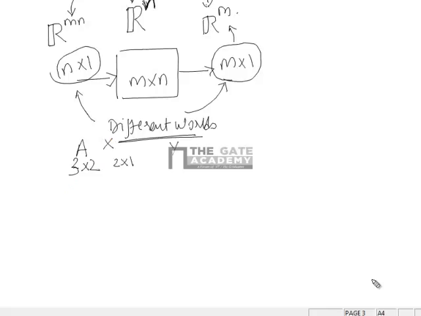My Y, how will be the Y? Y will be a 3 cross 1. All the 3 cross 1 vectors exist in the world of 3 dimension, correct? All 2 cross 1 vectors exist in the world of 2 dimension, correct? So, this world is different from this world, correct? Yes or no? A 2D world is definitely different from a 3D world.